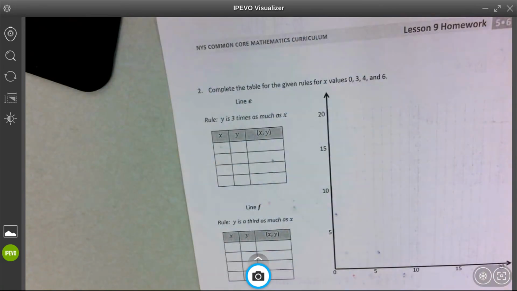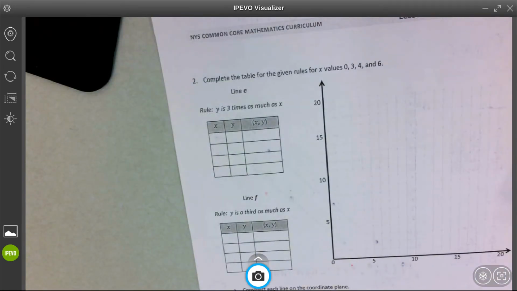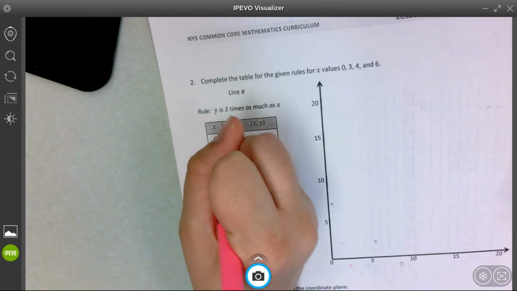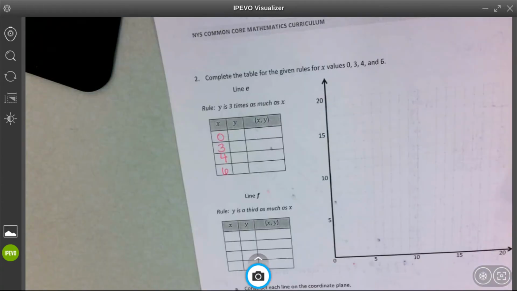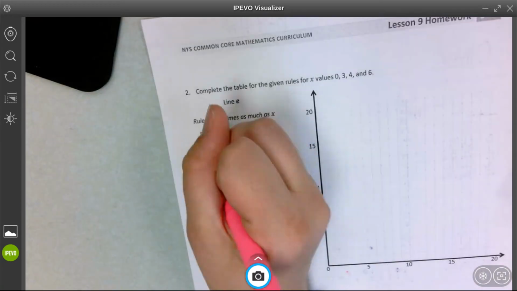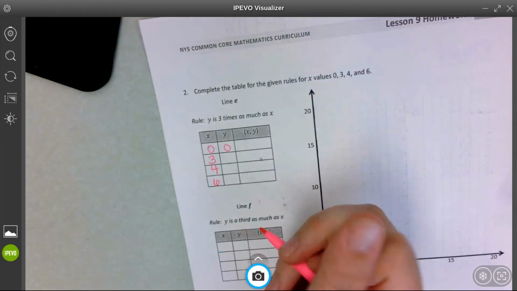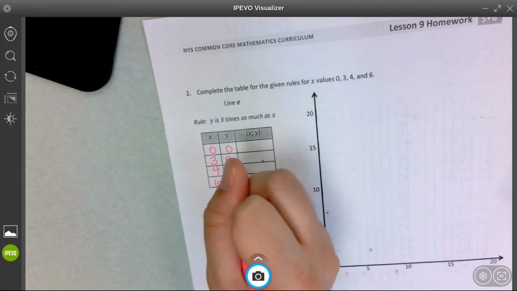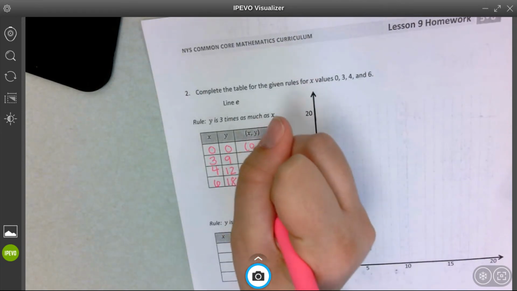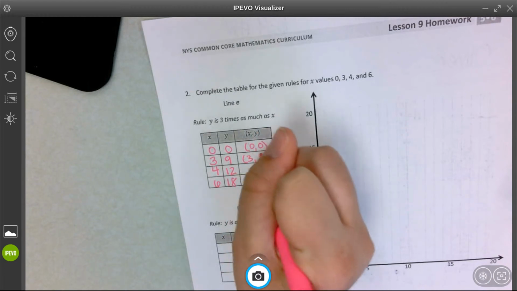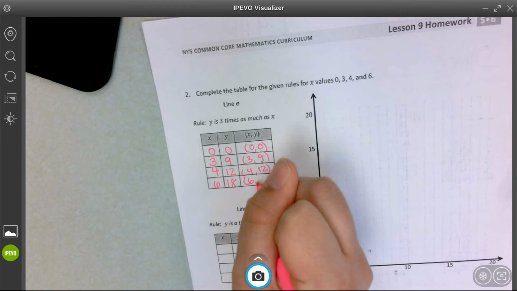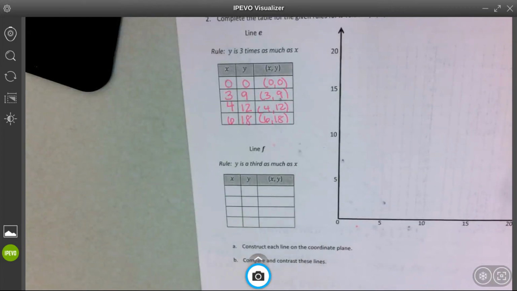On to the back. All right, complete the table for the given rules for x values 0, 3, 4, and 6. So y is 3 times as much as x. So 0 times 3 is 0. 3 times 3 is 9. 4 times 3 is 12. And 6 times 3 is 18. I'll write those quickly as coordinate points. All right, and then for rule F, y is a third as much.